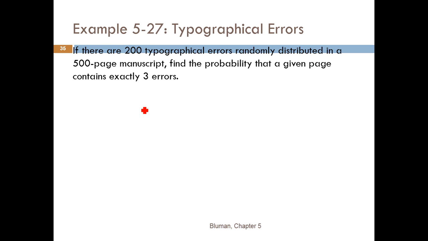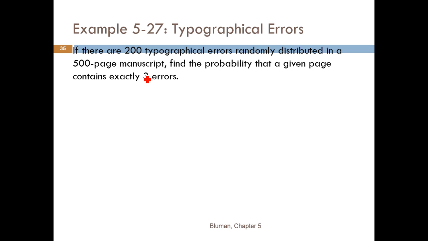So here we go. If there are 200 typographical errors randomly distributed in a 500-page manuscript, find the probability that a given page contains exactly 3 errors.